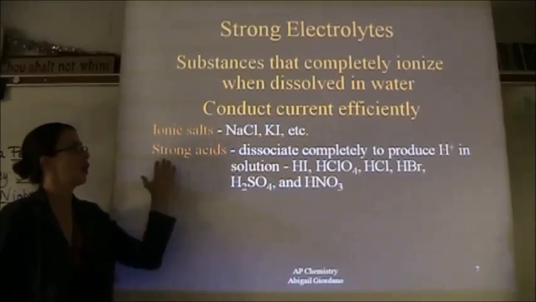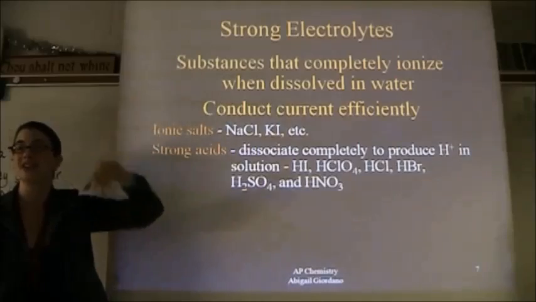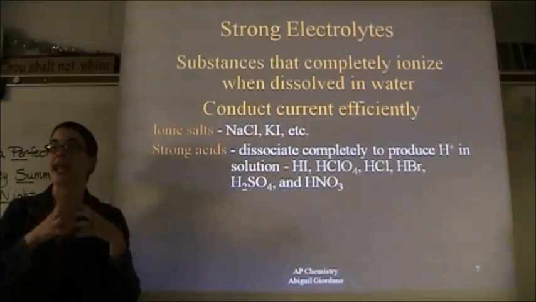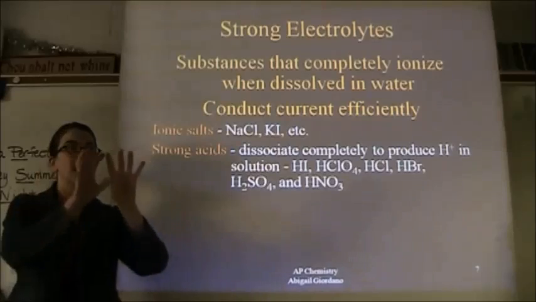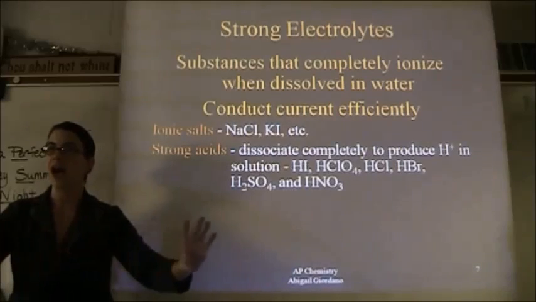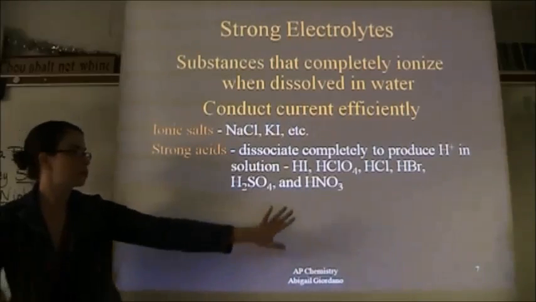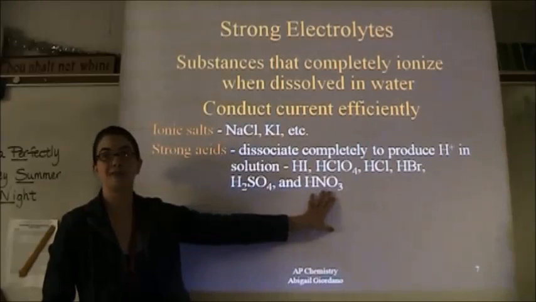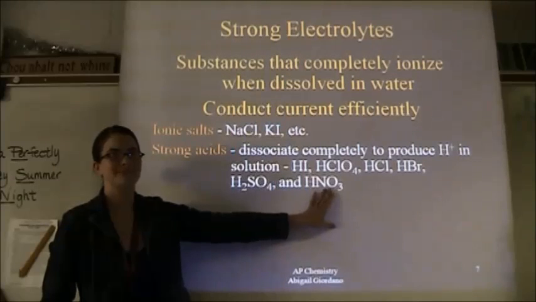And when I say strong, it means the same thing as it does up there. These are acids that when you put them in an aqueous environment, completely ionize. So take this one for example. First of all, let's review. What's the name of this acid?